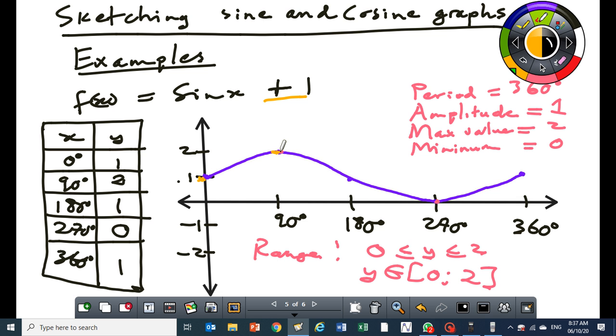When x is 180, y is no longer 0, it's now at 1. When x is 270, y is no longer minus 1, it's now at 0. And then when x is 360, y is no longer 0, it's now at 1.